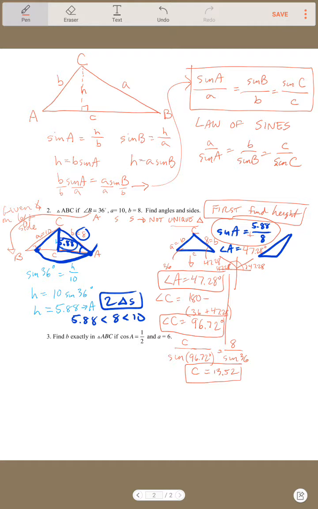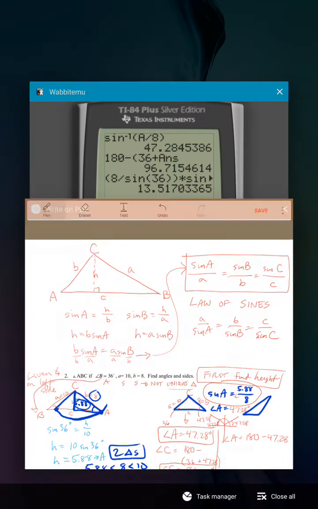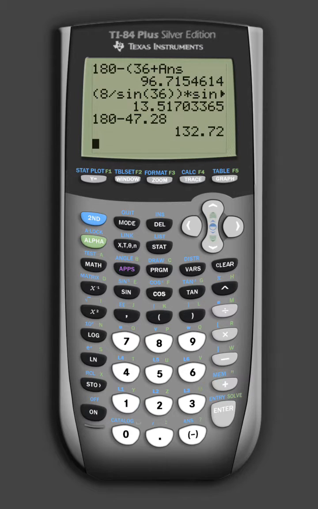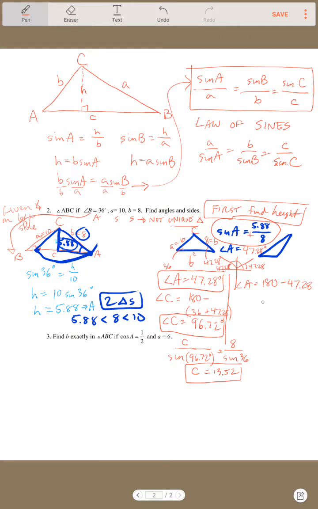If you want to find the actual angle, then angle A must be 180 minus 47.28, which is going to give us 132.72. So now angle A is a measurement of 132.72 degrees. This is for our second triangle.